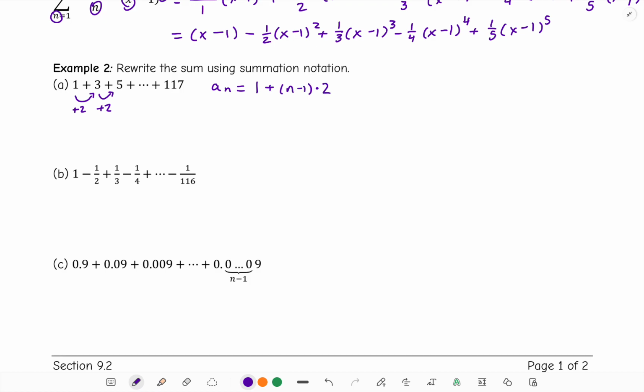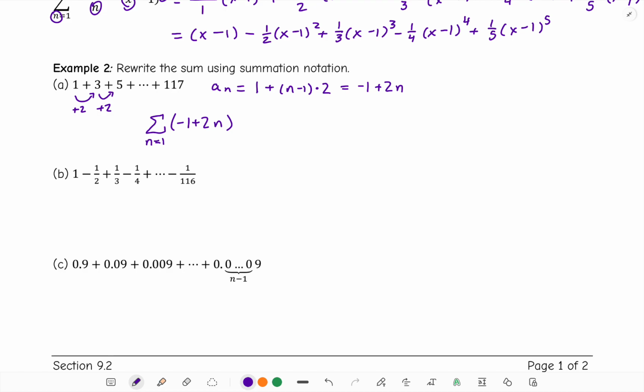And d is 2. If you simplify that, you get negative 1 plus 2n. Well, that is what we're adding. So our summation notation is going to be the sum from n equals 1 of negative 1 plus 2n. And we'll usually put parentheses around it in these types of scenarios.